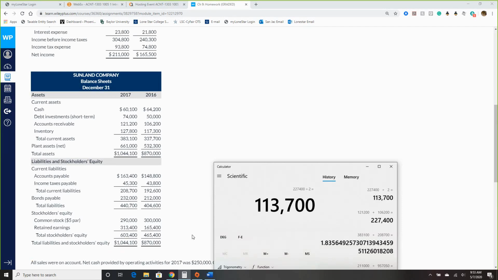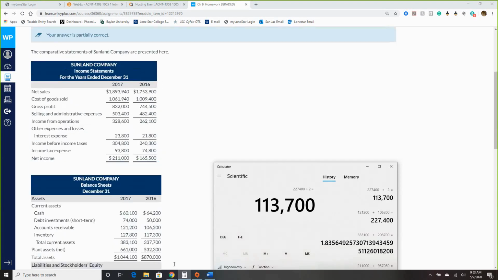I'm trying to think how we are going to do this in this problem, because they're giving us net cash provided. So you have 1,893,940 minus 250,000.